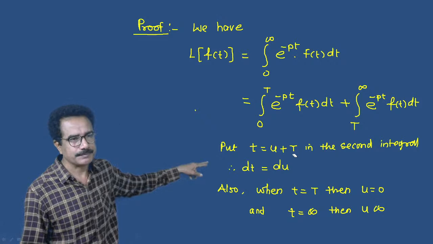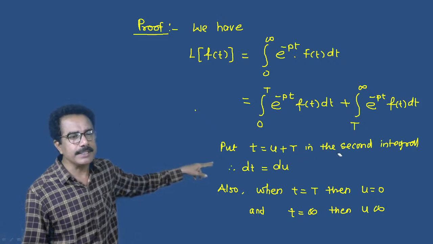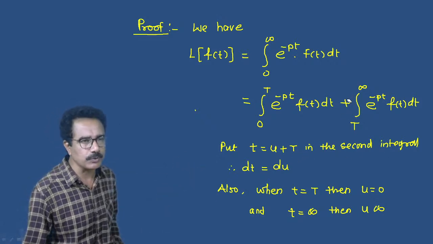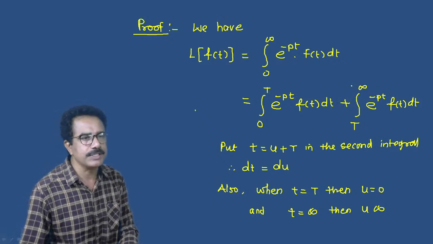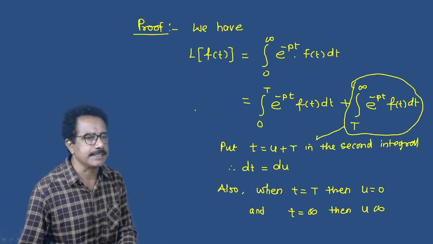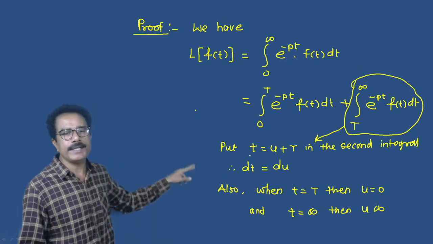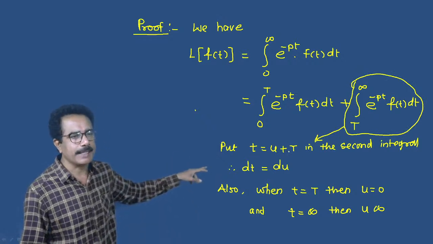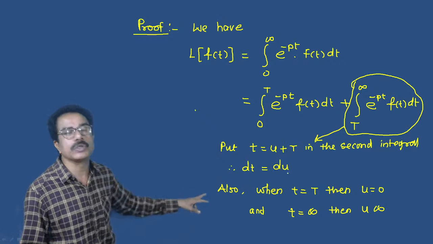This substitution is for only the second integral. See this. If t is equal to u plus capital T, then dt is equal to du.